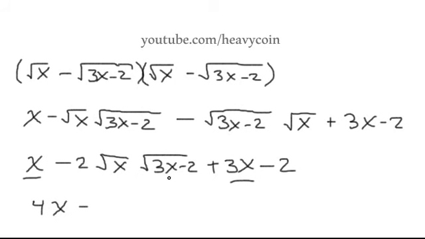Now I can go ahead and bring this x inside, so I've got one radical here. 3x minus 2. And then we have minus 2 out here. Don't forget the minus 2. And you can distribute that x inside if you want. But I'm going to leave it right like that. So hopefully you were able to keep up with all that.